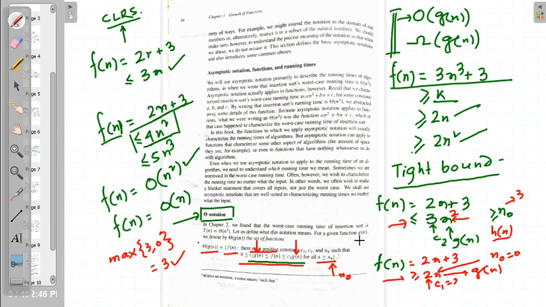And here then I'll be telling that if both the conditions are getting satisfied, then f(n) is equal to theta of g(n). Here g(n) is n, so theta of n. Whenever somebody tells that f(n) equals theta of n, then both the upper bound and lower bound are in a tight fashion.